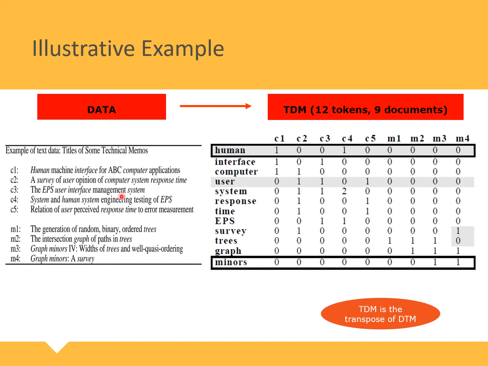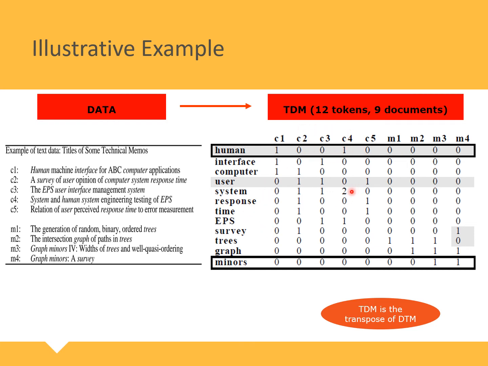So this was the data, and from this data we can very easily construct what is called the term document matrix. There are 12 tokens or 12 unique words, and there are 9 documents or observations, C1 to C5 and then M1 to M4. The frequencies in the term document matrix mean the number of times a particular term was present in a document.